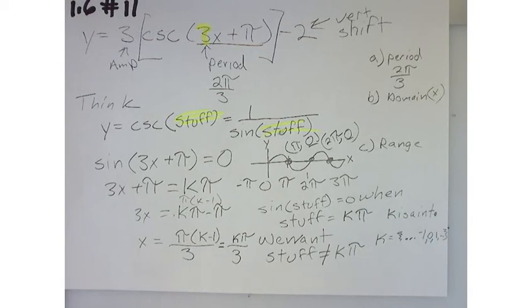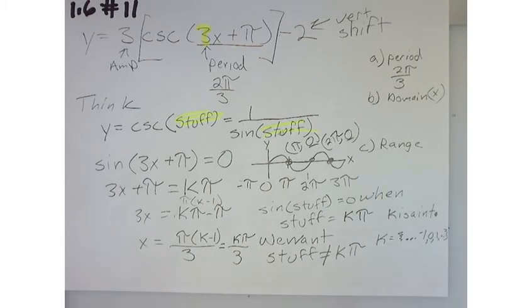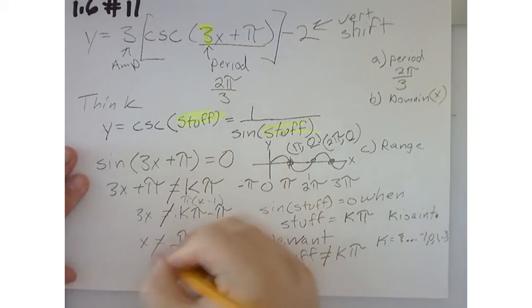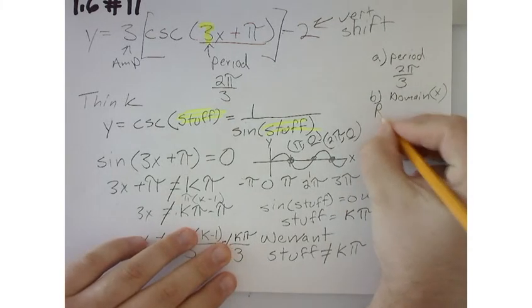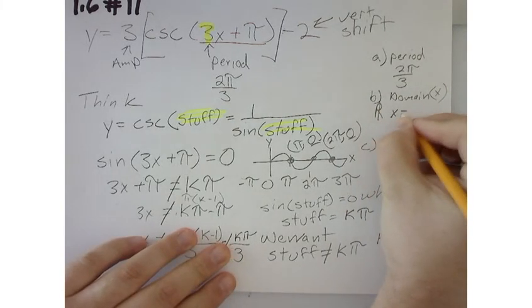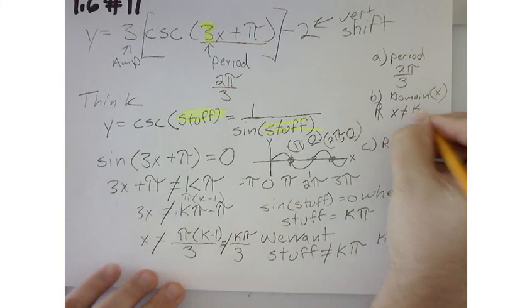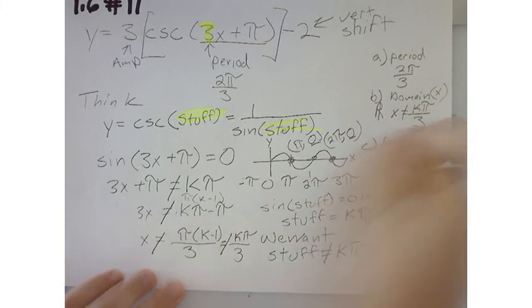So to simplify, x cannot equal k pi over 3. My domain is all reals, but x cannot equal k times pi over 3.